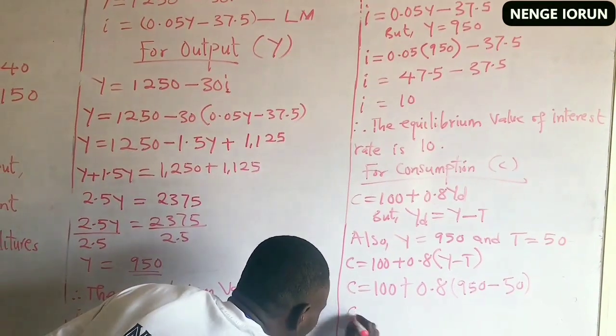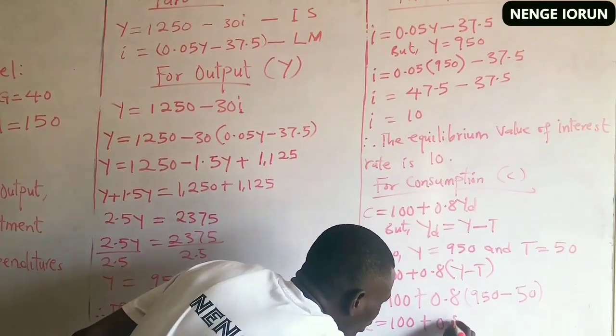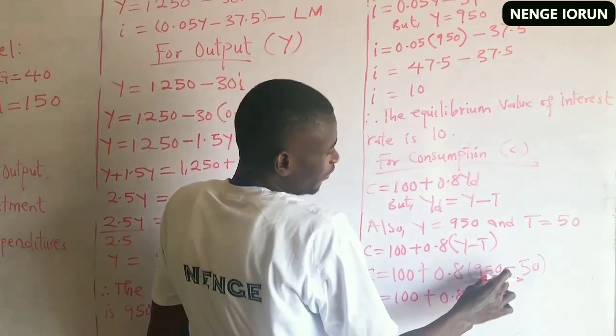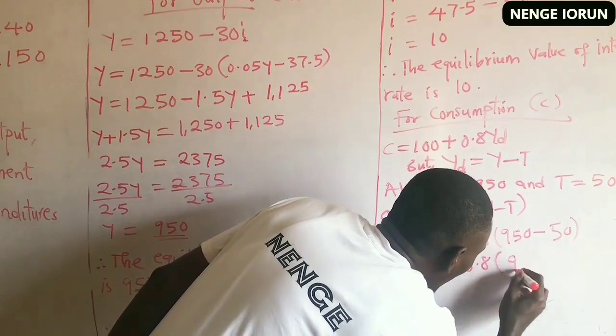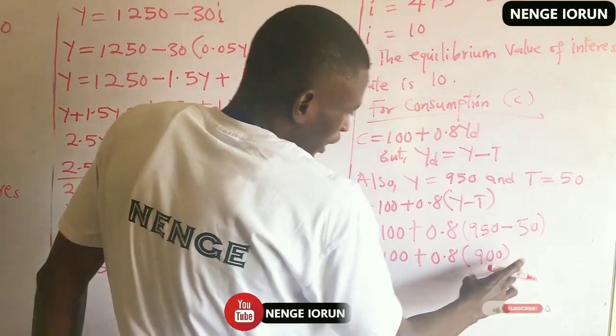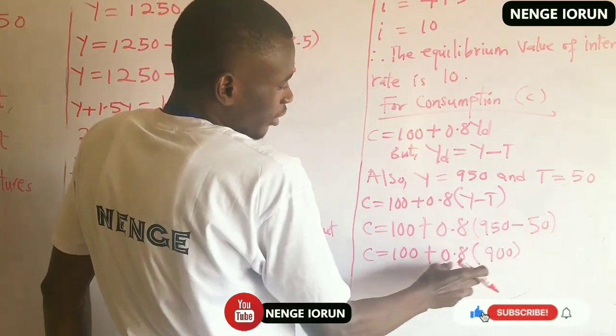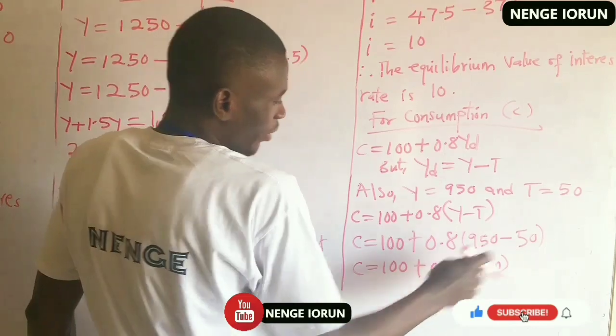C is equal to 100 plus 0.8 into 950 minus 50, which is 900. After that, I remove this bracket and multiply 0.8 times 900.